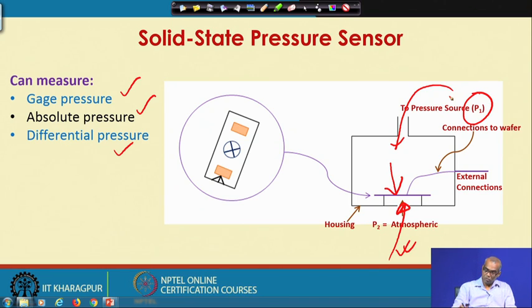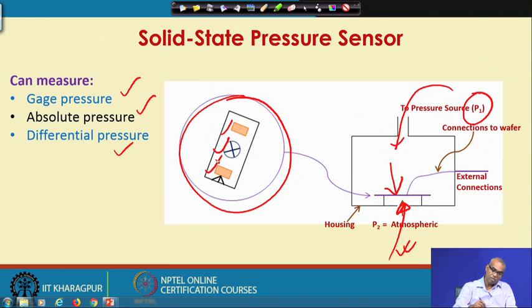Now, if you look closely at this silicon wafer, it is a silicon wafer where we have the strain gauge and the other signal conditioning circuits all grown on the silicon wafer.